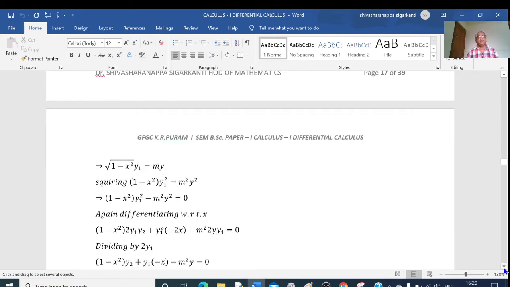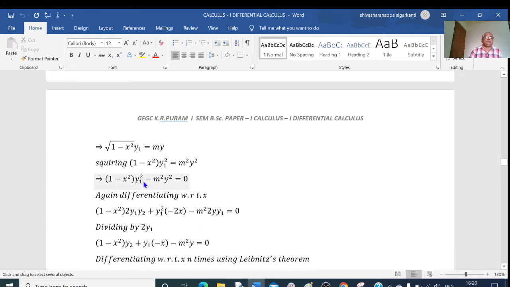Now differentiating this equation with respect to x again. First function 1 minus x square, y1 square derivatives 2y1 into y1 derivatives y2 plus. Second function is y1 square into derivative of first is minus 2x, minus m square into y square derivatives 2y into y derivatives y1 is equal to RHS is 0.